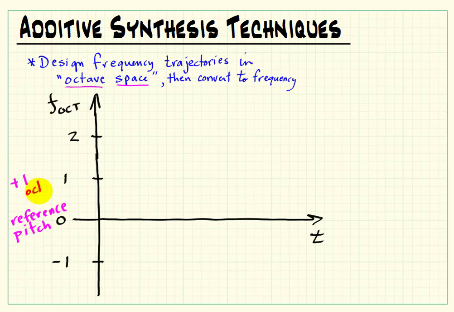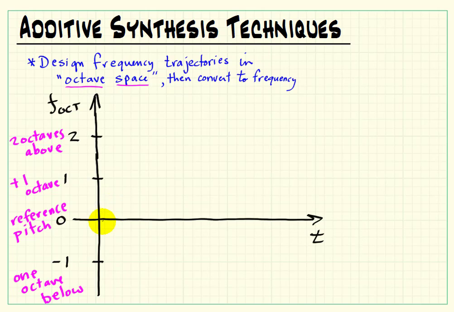Then 1 would correspond to an octave above. 2 would correspond to 2 octaves above. And of course, -1 would correspond to an octave below the reference pitch. So in this way, we can draw a trajectory that will sound kind of like what your intent is.